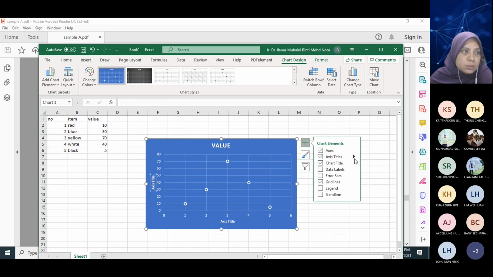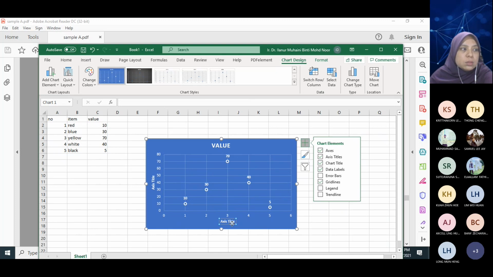Exist title. Can type here. This one. Why the red don't come out? Data label, this one will come out. 70, 30, all this. Trend line, error bar, no.